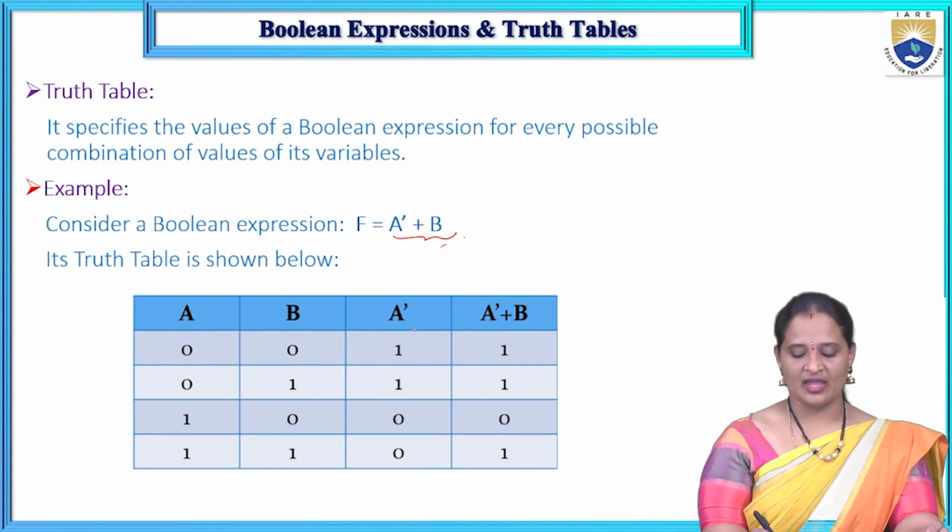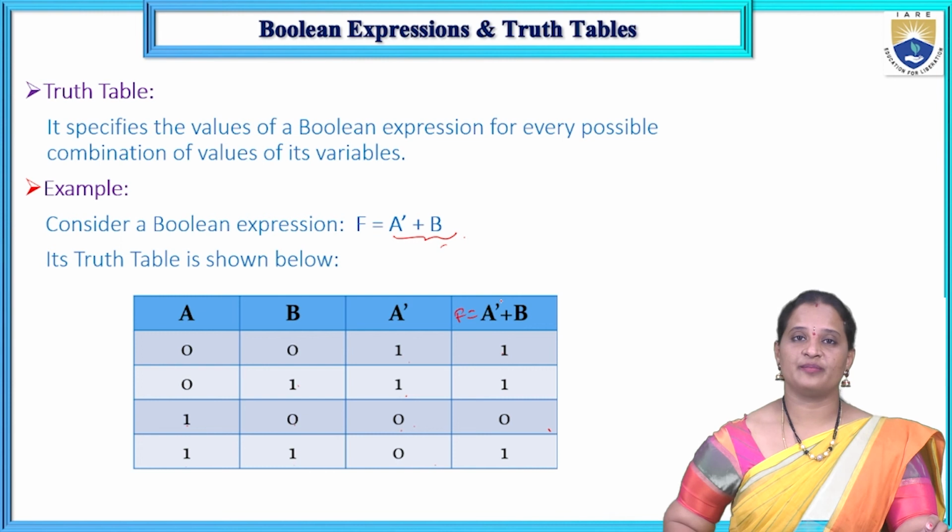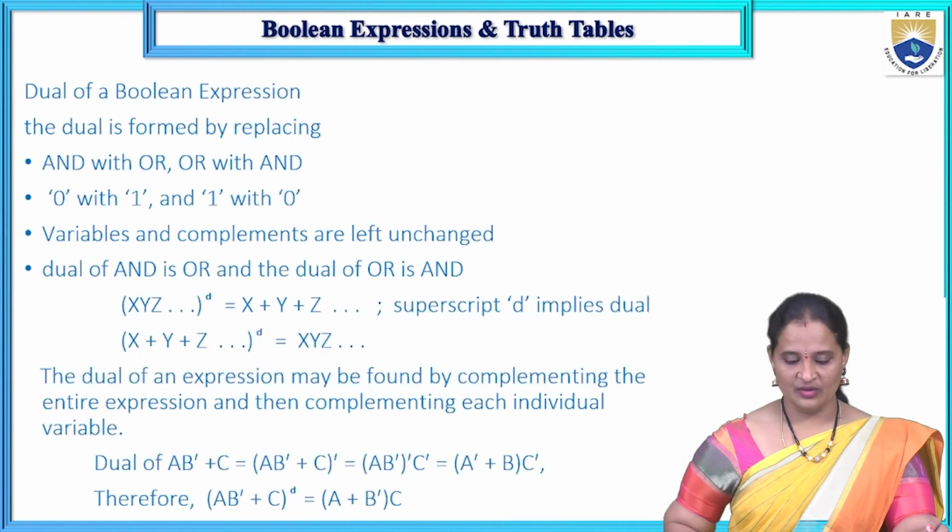I require a complement: when a is 0, a complement becomes 1, and when a is 1, a complement is 0. Now I add these two: 1 plus 0 is 1, 1 plus 1 is 1, 0 plus 0 is 0, 0 plus 1 is 1. So f is 1, 1, 0, 1. We can derive the values like this.